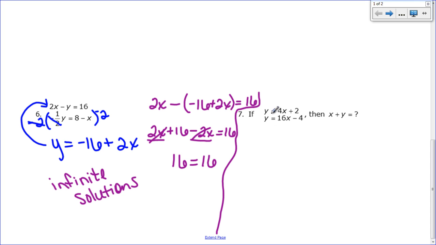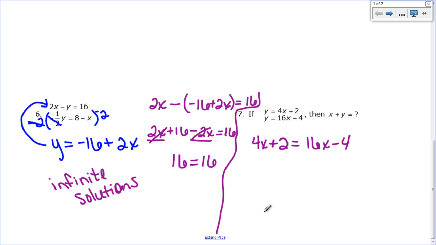Both of these say y equals. Well, when both of them are y equals, then these are the same thing because they're both y. So I can take 4x plus 2 and set it equal to 16x minus 4, because they are the same thing. They're equal to each other, which is what equals means.